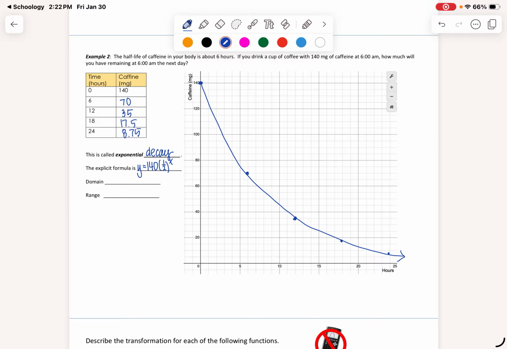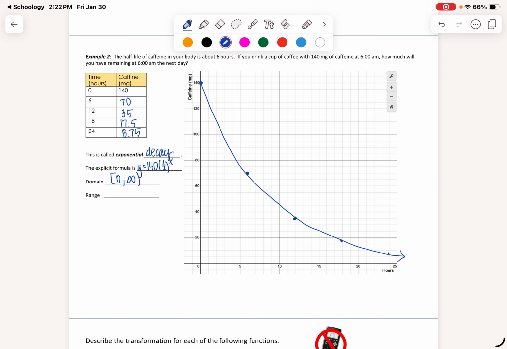Okay, all right, so our domain here, looking left to right or looking at your x values, this is 0 to infinity because the time can go forever and ever and ever. At some point, this has an ending point to it, because at some point there'll be zero caffeine left in your body, or some people would argue that there's always a little bit left.